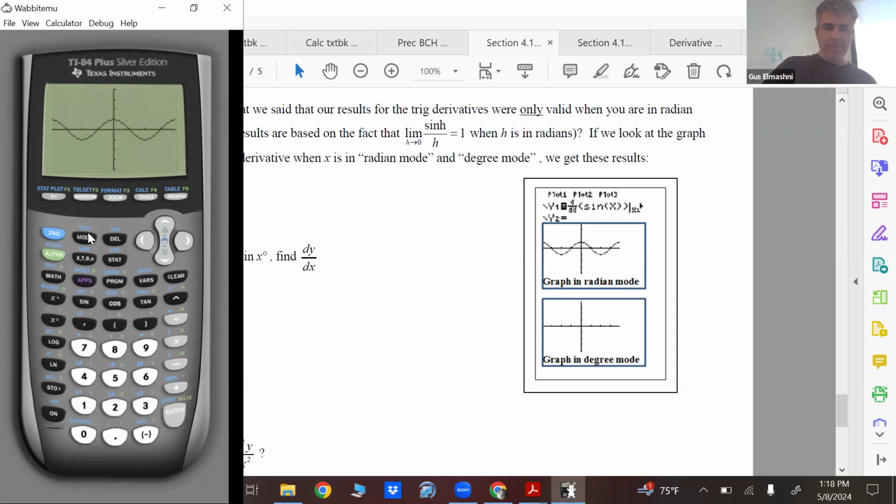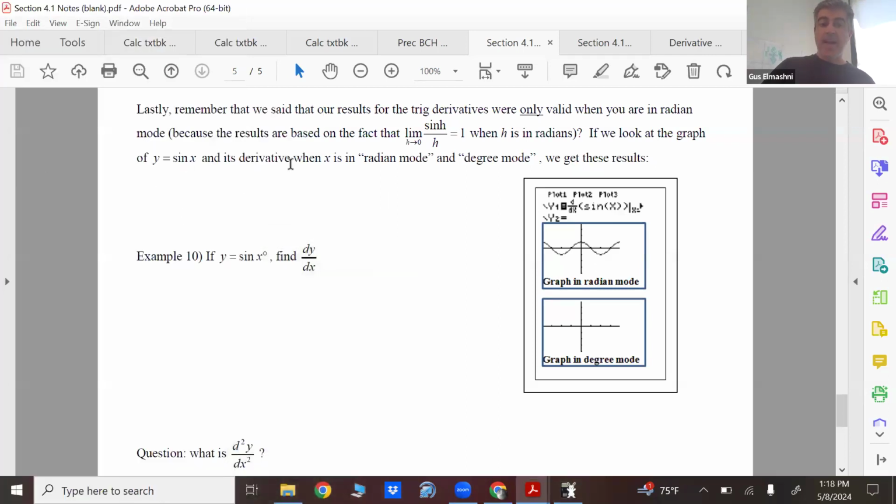Now, if I switch my mode to degrees, what do you think is happening here? What's the conversion between degrees and radians, guys? Yeah, exactly.